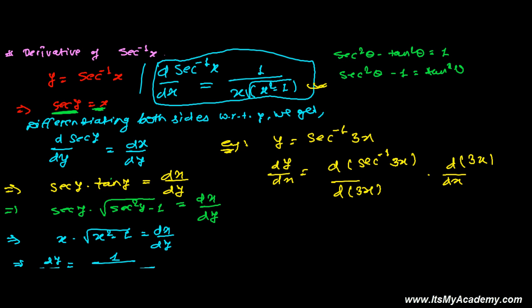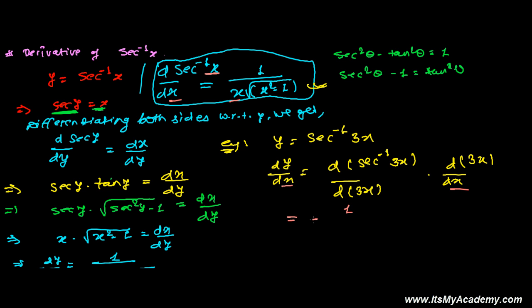Now both sides we are differentiating with respect to x. What we have learned is that the derivative of sec inverse of an angle with respect to its angle is 1 over the angle times the root of angle square minus 1.